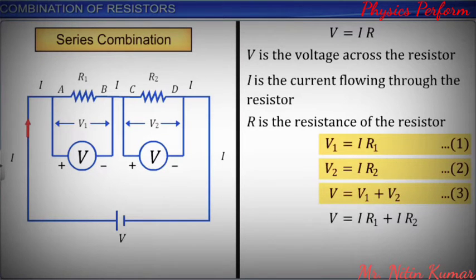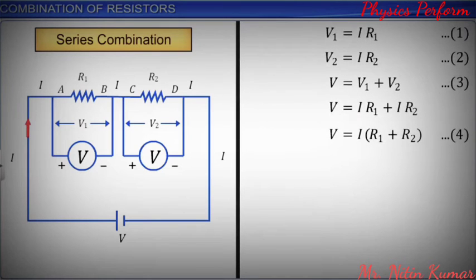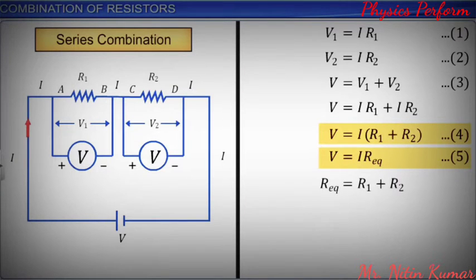V is equal to I into R1 plus R2. Let this be equation 4. Equation 4 can be written in the form V is equal to I into R equivalent. Let this be equation 5. From equations 4 and 5, we can write R equivalent is equal to R1 plus R2. Let this be equation 6.